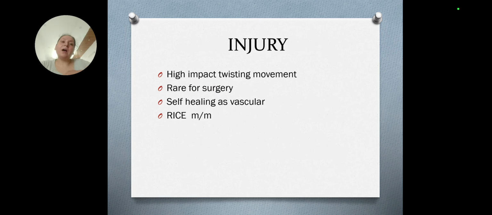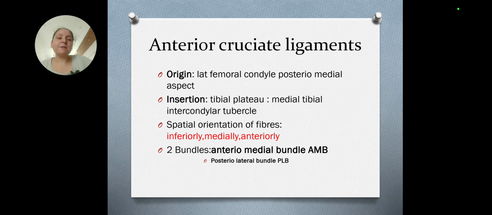How is it injured? It is injured during high impact twisting movement, and we hardly go for any surgery because it is self-healing, as it is well vascularized. So we basically go for RICE management: rest, ice, crepe bandage and elevation.